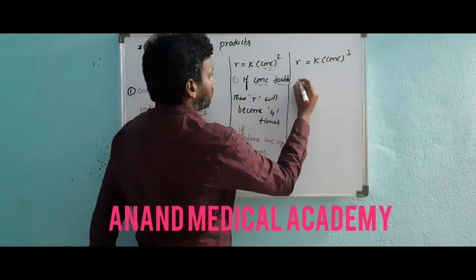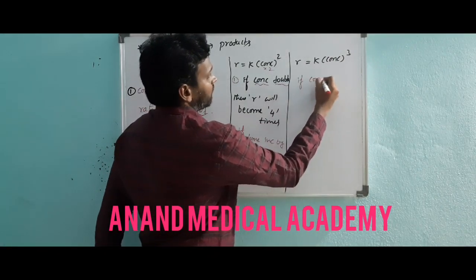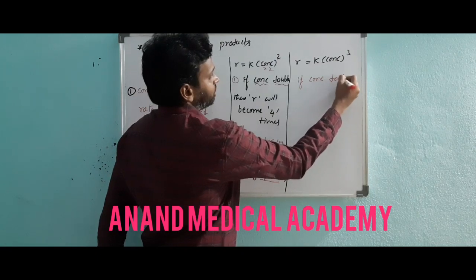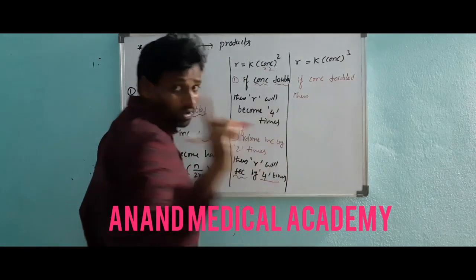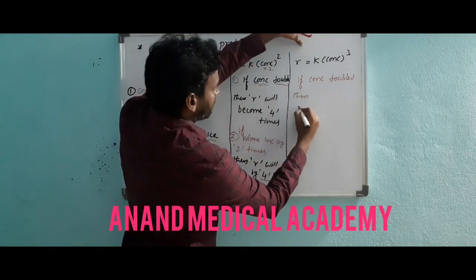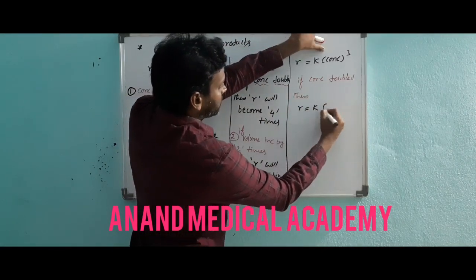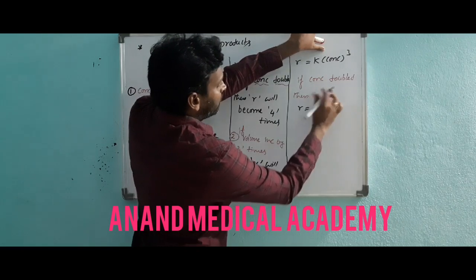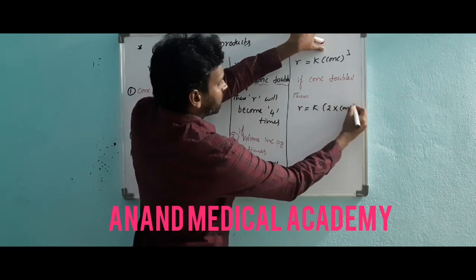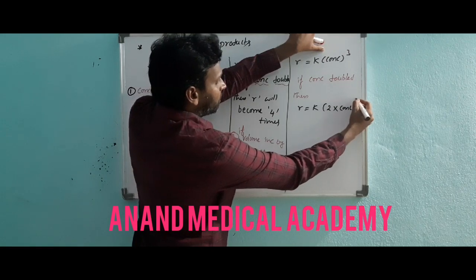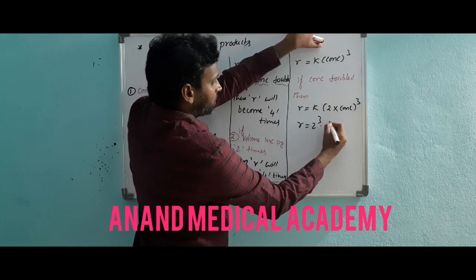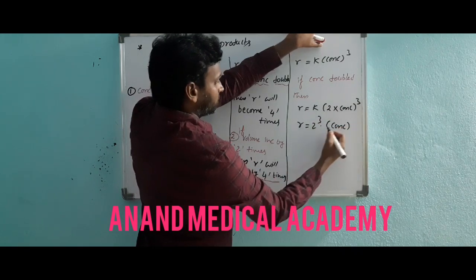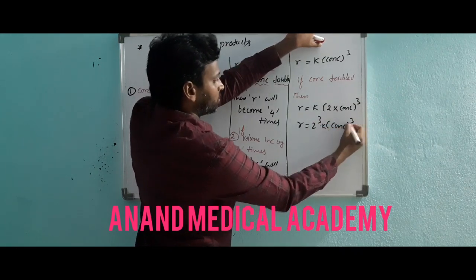So if concentration is doubled, then what can you say? Only one thing I write. R is equal to K into concentration, where the particular concentration is doubled to 2 into concentration. So power 3: R is equal to 2 power 3 into K into concentration power 3.